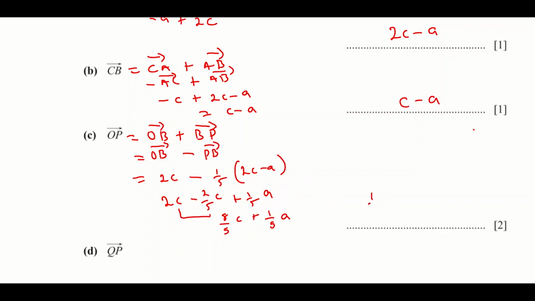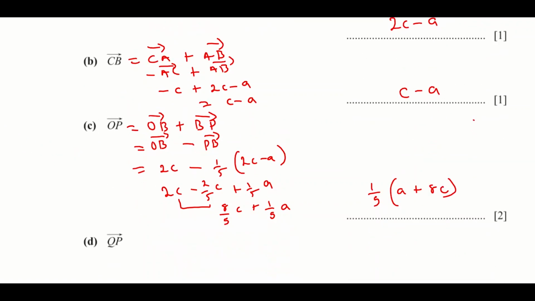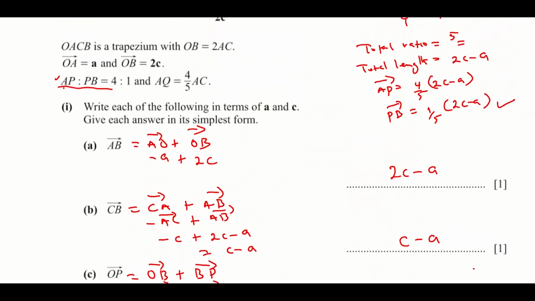It will be 1 over 5, then into, you can bring A first, that will be A, then plus 8C. So this will be the final answer for this question. Okay, so part D, we want to find QP.